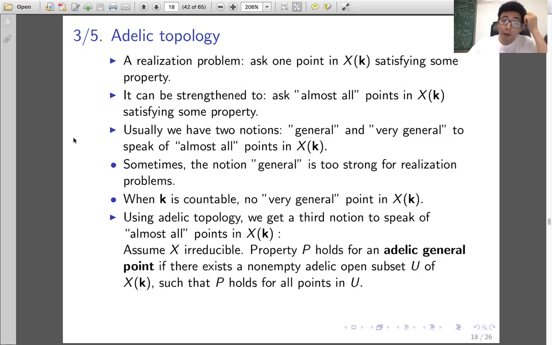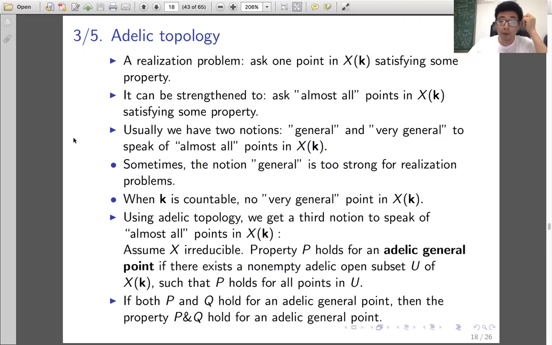So using adelic topology, we get a third notion to speak of almost all points in X(k). Assume X is irreducible. We say that a property P holds for an adelic general point if there is a non-empty adelic open subset U of X(k) such that P holds for all points in U.